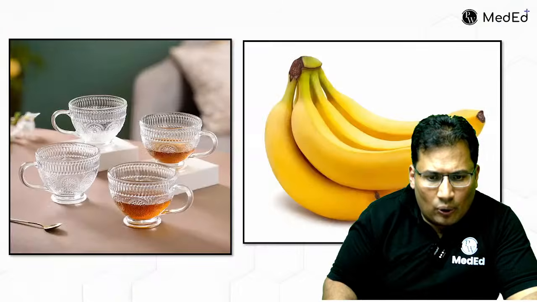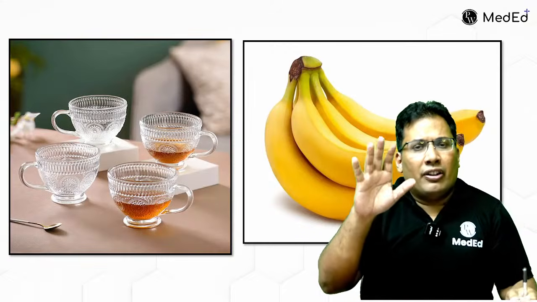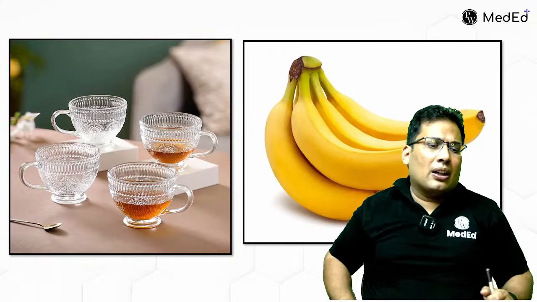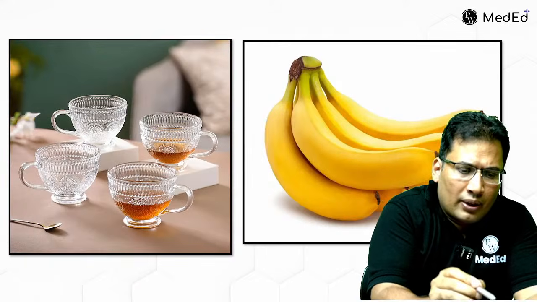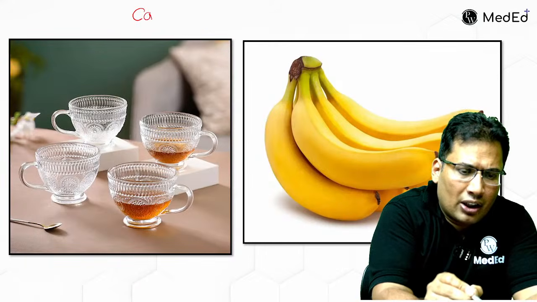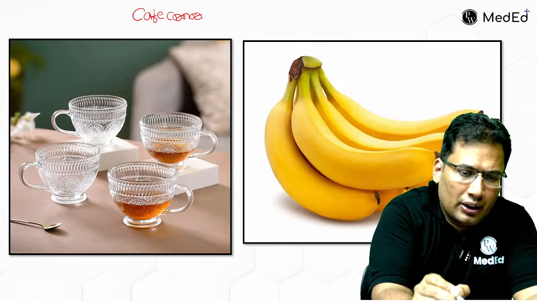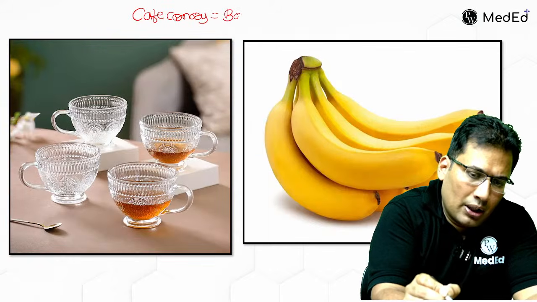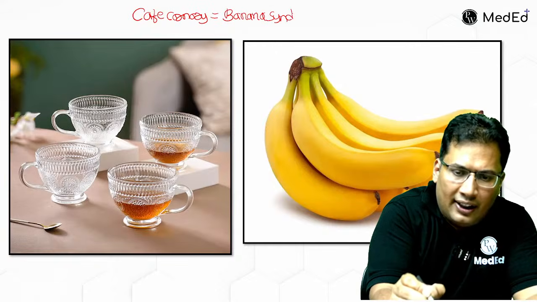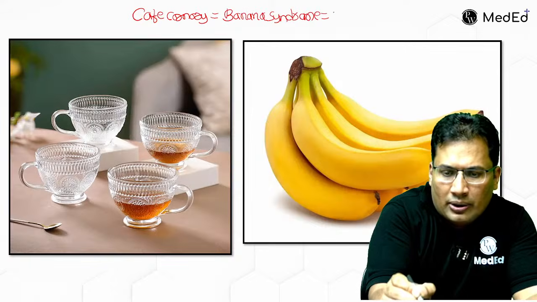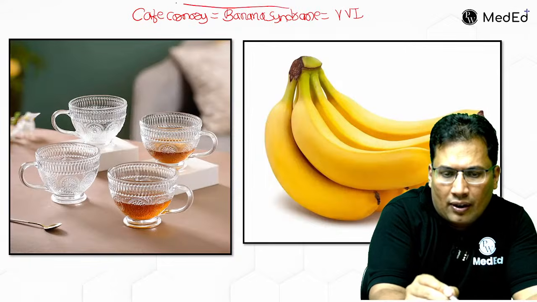Cafe coronary syndrome. Remember, cafe coronary syndrome is also known as banana syndrome. Write this in the chat box: cafe coronary is equal to banana syndrome. The cause of death is vasovagal inhibition.